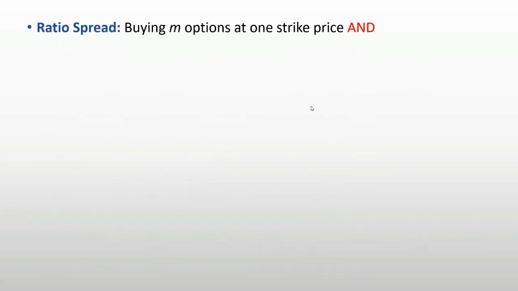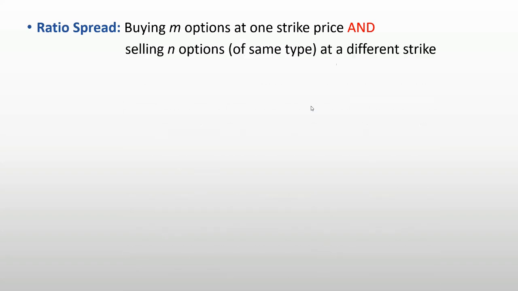So what's the next type? The next type is the ratio spread. Ratio means a ratio of options at different strikes of the same type. So we buy M options at one strike and sell N options of the same type at a different strike. In both cases the maturity date is the same, so that the initial expense is approximately 0, not necessarily equal to 0, but if it is equal to 0, that's good.